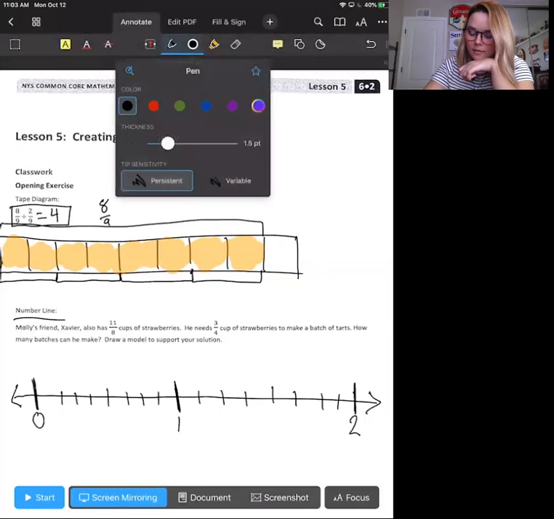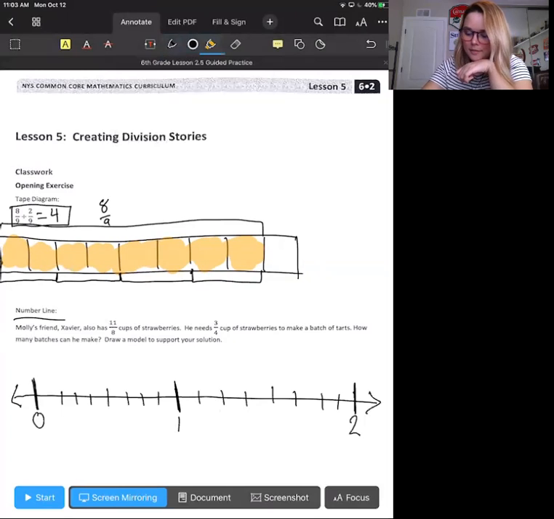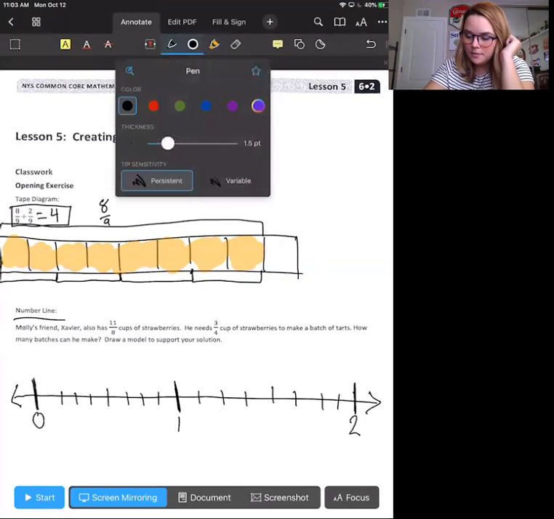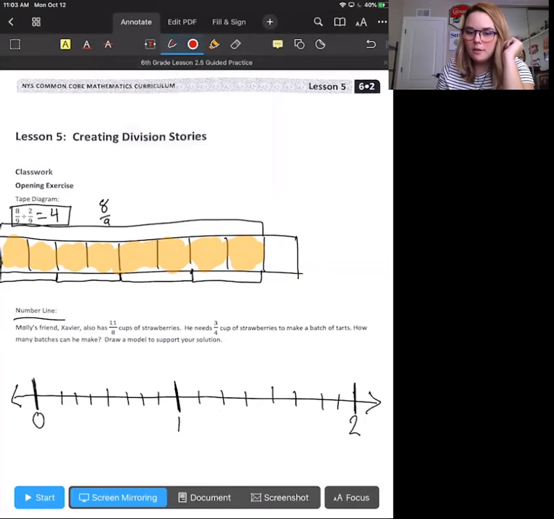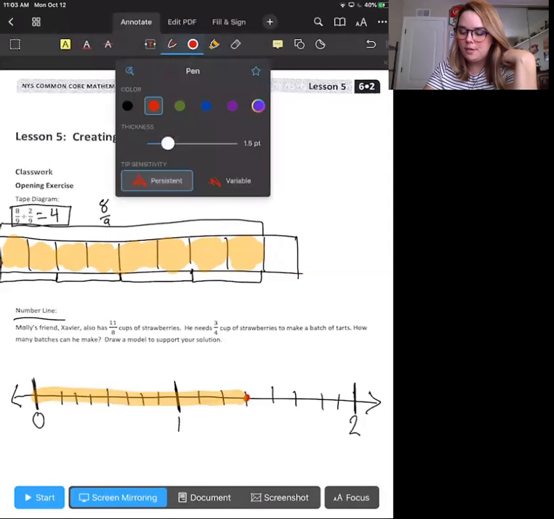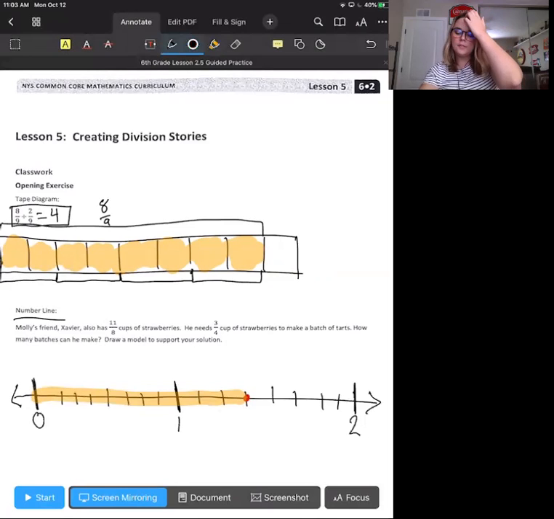And then I'm going to find 11/8. So I know 1 is 8/8. So I have 8, 9, 10, and 11/8. It's going to be right there. So that is 11/8.